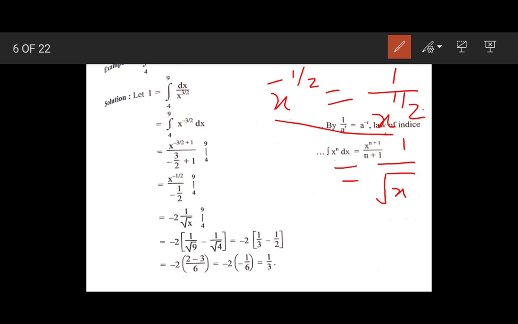So x raised to minus half is 1 upon root x, and the denominator minus 1 upon 2 can come into the numerator as minus 2. So minus 2 into 1 upon root x, with limits 4 to 9.